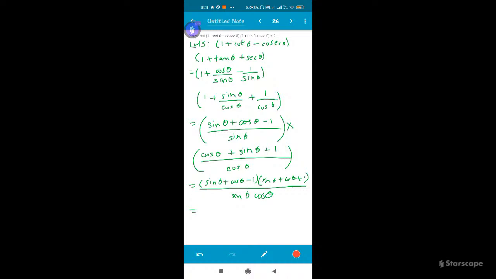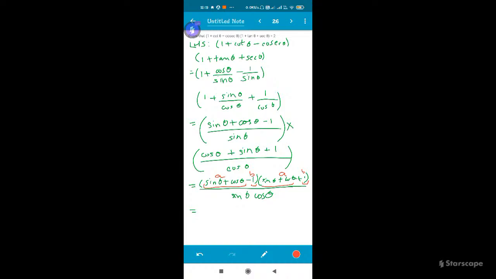I hope you'll understand this thing now. You can see that we have a difference in sign between sine theta cos theta and 1. So this is 1 unit in both the cases, and 1 is the other unit. So if I take sine theta plus cos theta as A and 1 as B, I have A plus B into A minus B. That means I will be left with sine theta plus cos theta whole square minus 1 square.